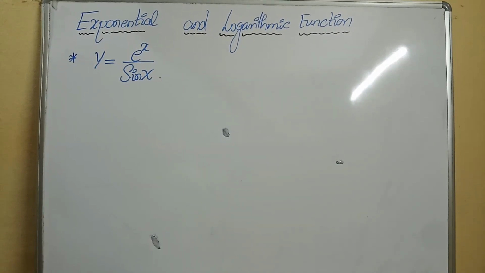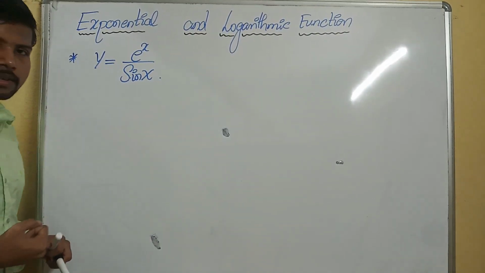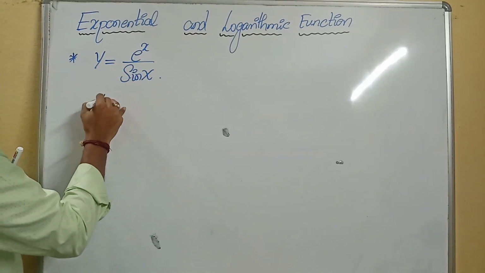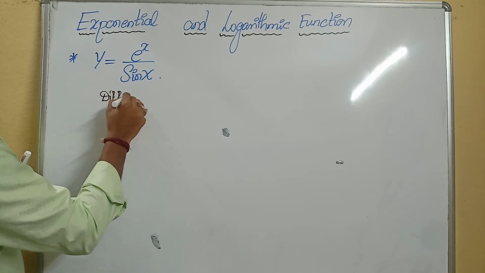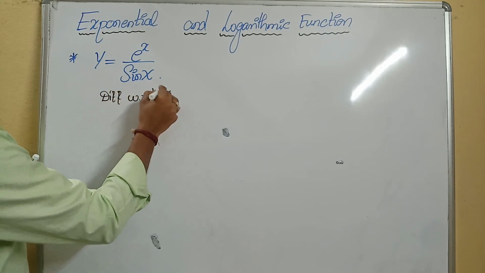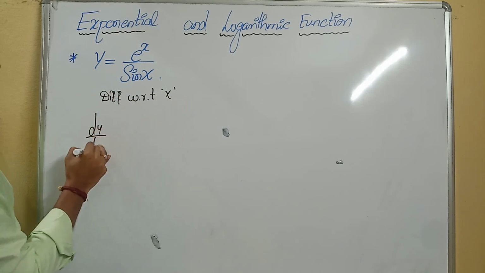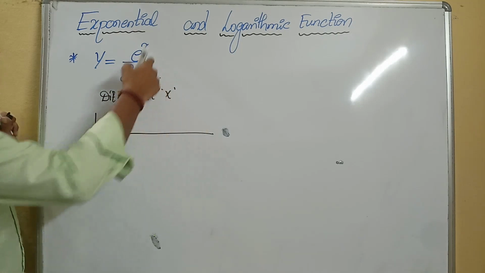Okay, I'd like to discuss some particular examples here. y is equal to e to the power x divided by sin x. Differentiating with respect to x, we get dy by dx. What is the u by v formula?